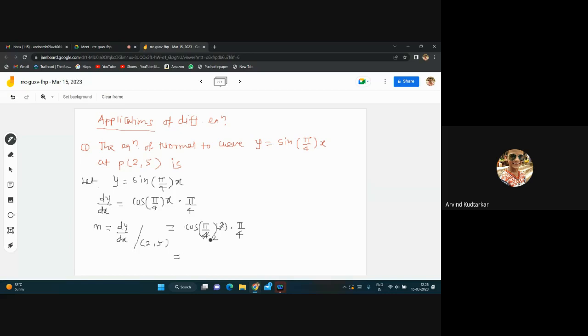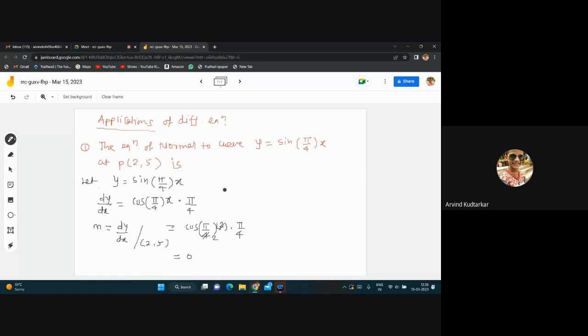What is the value of cos pi by 2? Cos pi by 2 is 0. This is the slope of the tangent. Okay, no doubt. Now what is the slope of normal? Slope of normal will be 0 also. Okay. So when the slope of tangent is 0, slope of normal will be 0.